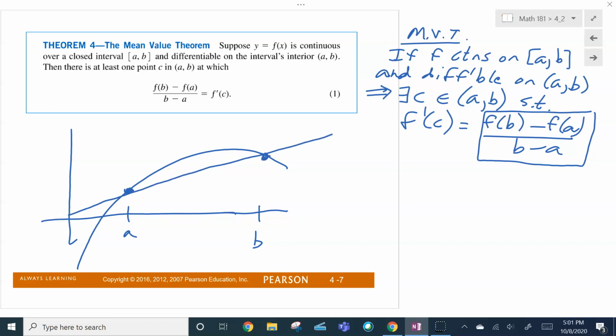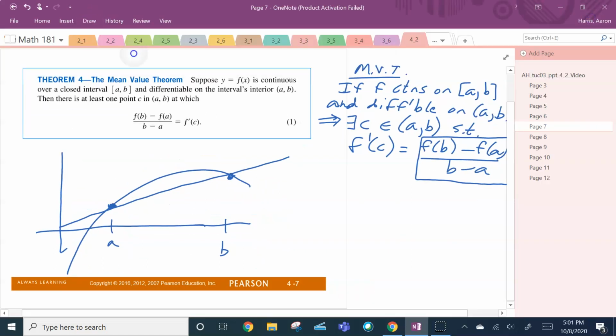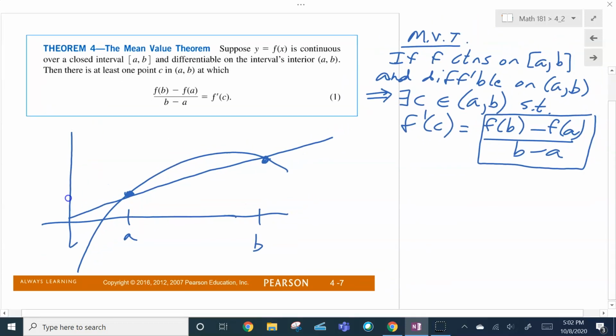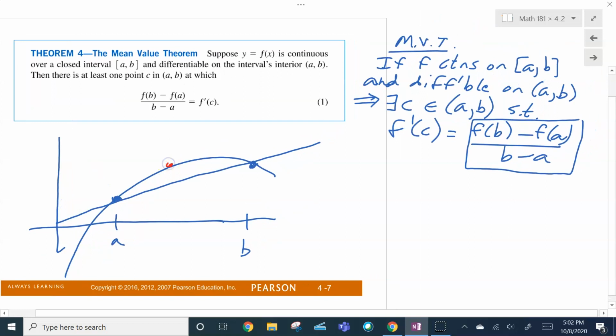So this is saying there's some c value within this interval from a to b, as long as the function's continuous on the closed, differentiable on the open. There's got to be some c value in here such that the slope of the tangent is equal to the slope.